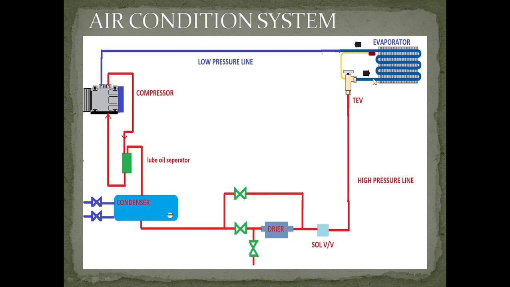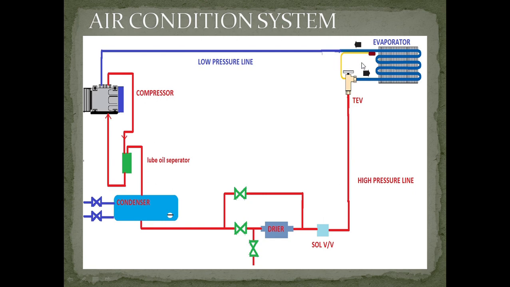The TV is basically a regulator, and gas flows from the TV to the evaporator. In the evaporator this gas evaporates, that is, it changes state from liquid to vapor by absorbing heat from the surrounding air. There will be a fan here, which I have not shown in the diagram.